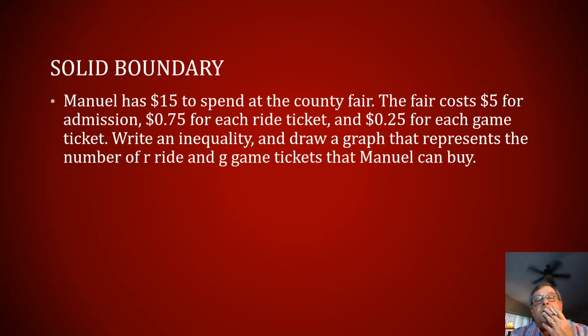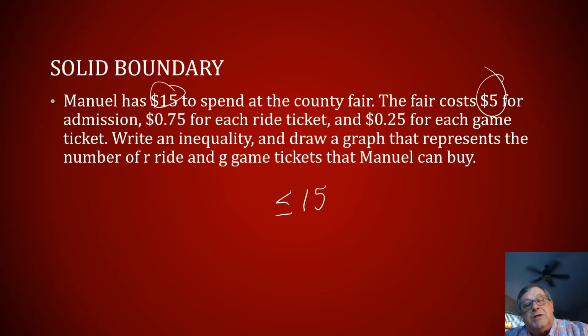Well, let's start off. He's got $15 to spend. If I'm doing this as an inequality, then whatever I set up on the left side has to be less than or equal to $15. So there's his $15.